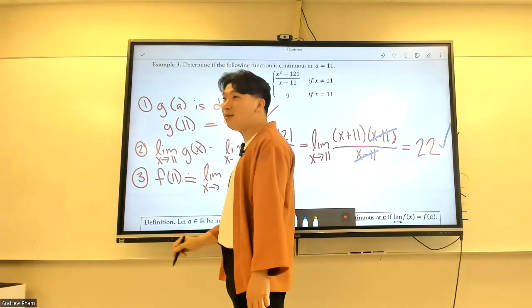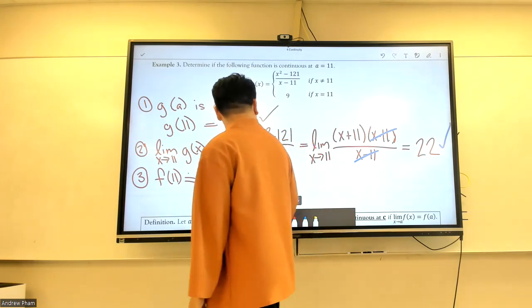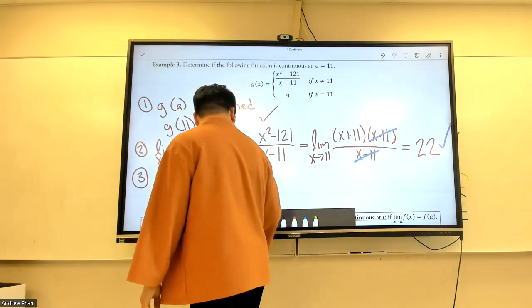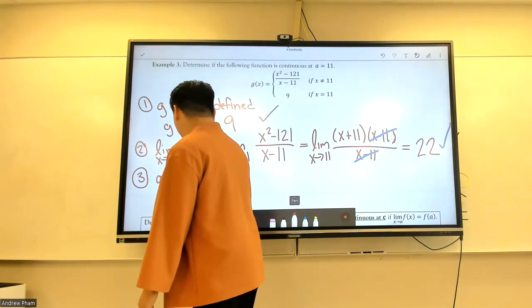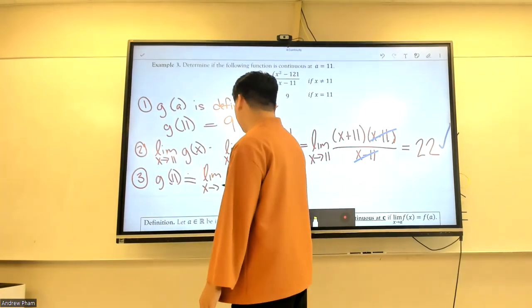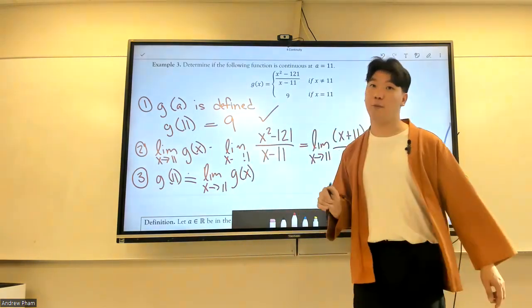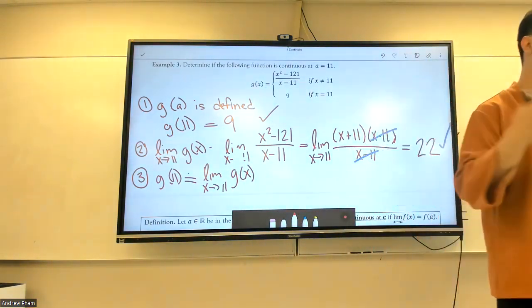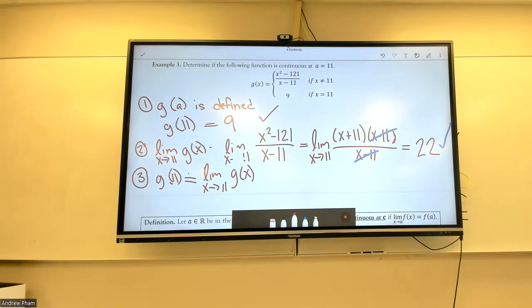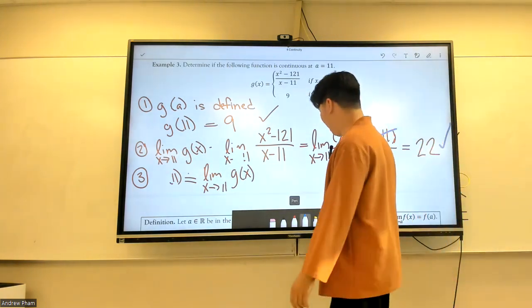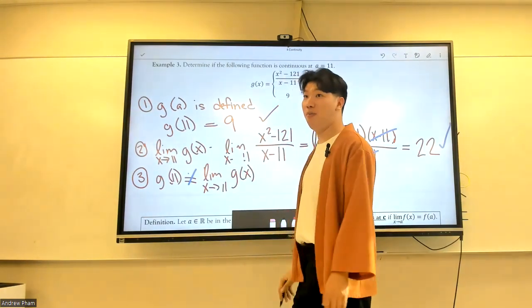I keep on using f instead of g, that's my bad. In other words, from what I got from parts 1 and 2, are those the same number? Nope, I can definitely say that 9 is not equal to 22. 99% sure. So unfortunately, this is not true.